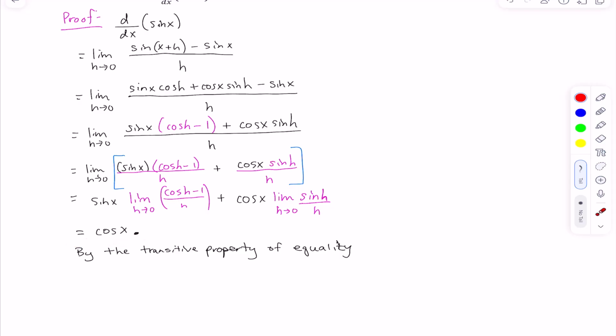This is actually equal. And so that is how you prove an identity.